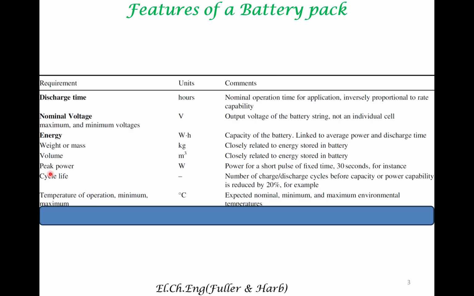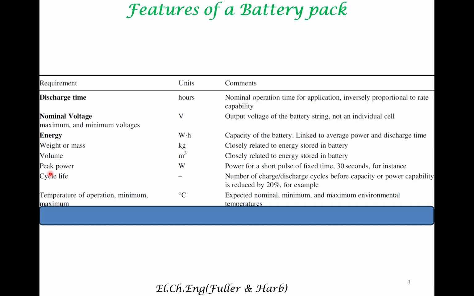Batteries are expected to operate in a window of temperature. For example, in a winter of Western countries, the temperature can be as low as minus 18 degrees centigrade. The resistance will increase.